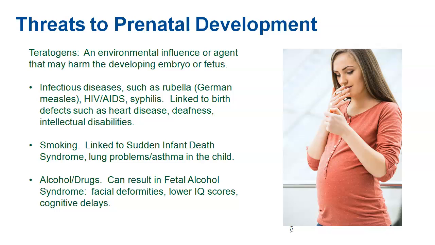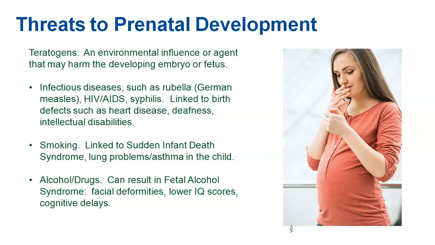These various infectious diseases have been linked to birth defects such as heart disease, deafness, and intellectual disabilities. So for the sake of the exam, you will need to know those 3 things: that if someone has rubella during pregnancy, it gives an increased risk for heart disease, deafness, and intellectual disability.